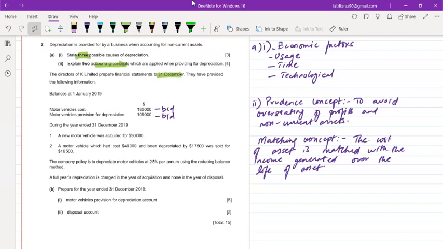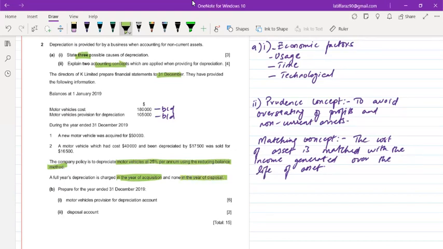In a depreciation question, we have to clearly see and understand the policy of the company. The company policy is to depreciate motor vehicles at 25% per annum using the reducing balance method. A full year's depreciation is charged in the year of acquisition, acquisition meaning the year of purchase, and none in the year of disposal.